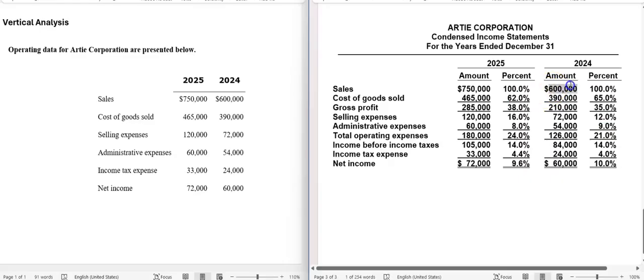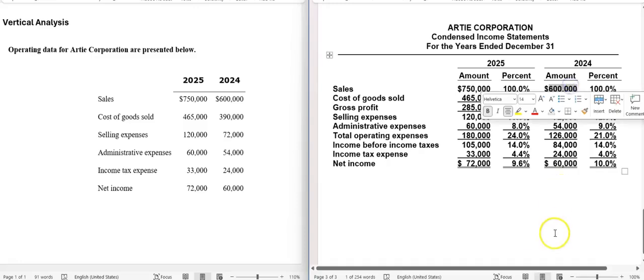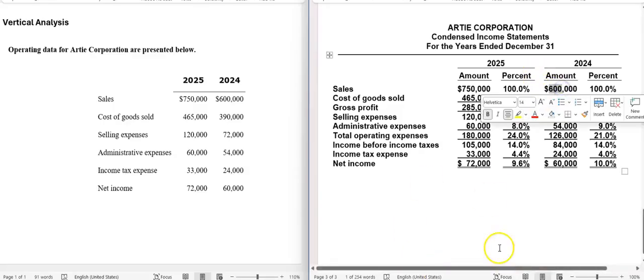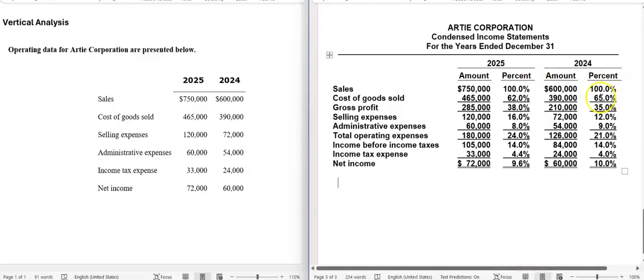Each line item divided by the base amount of 600,000. 390 divided by 600. Cost of goods sold is 65% of total revenues in 2024. Gross profit of 210 divided by sales of 600. Gross profit is 35% of total revenues in 2024.